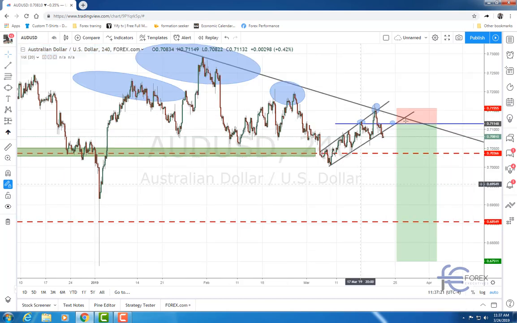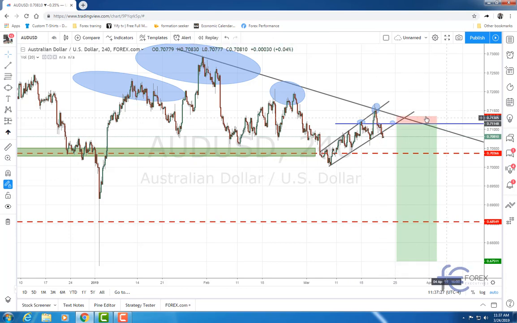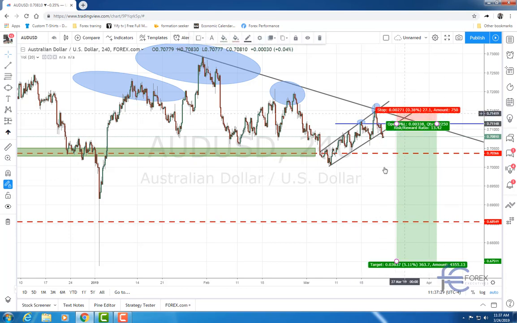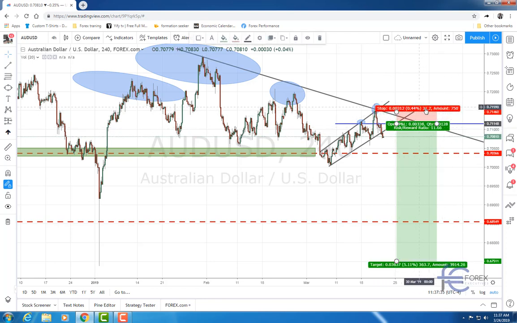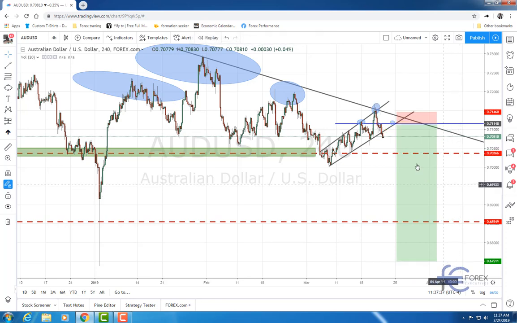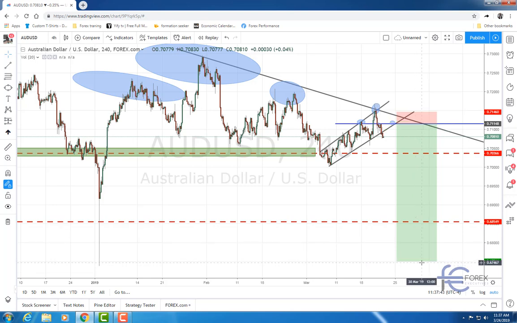I don't care about being greedy. And we're going to put our stop loss right above this trend line right here. So you're risking 30 pips, let's say 30 pips, just to be on the safe side. Risking 30 pips right here, 31 pips to get 363 pips.